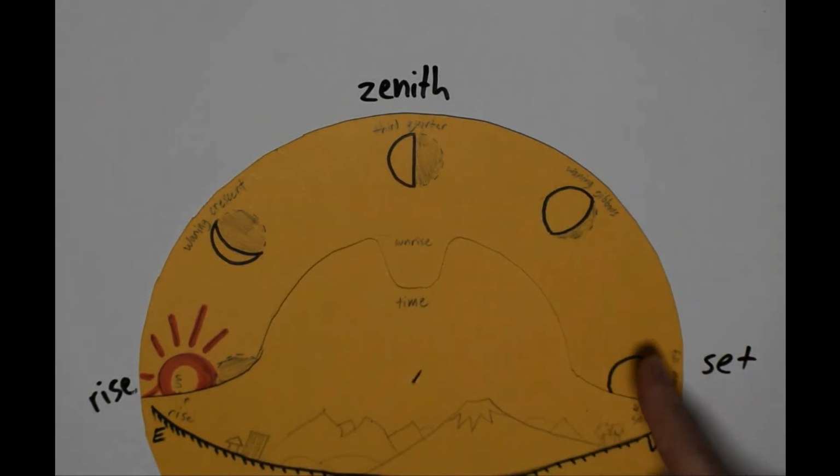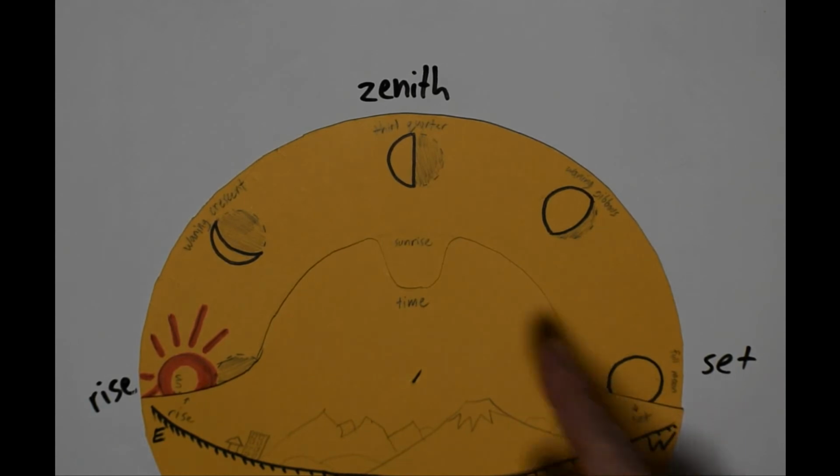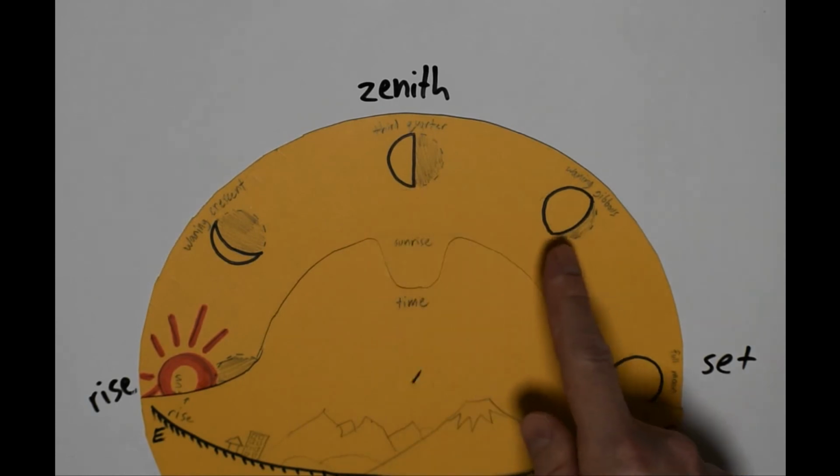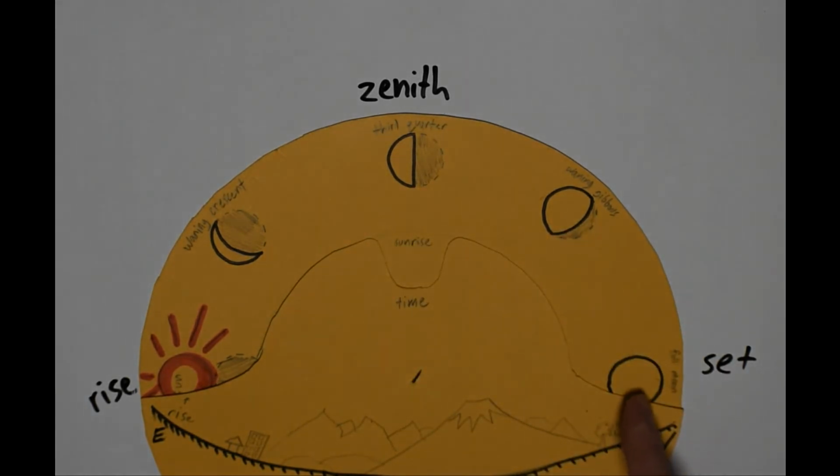So these are waxing moons, waning moons: waning crescent, third quarter, waning gibbous, full moon. So full moon's not waning, but these are the waning moons.